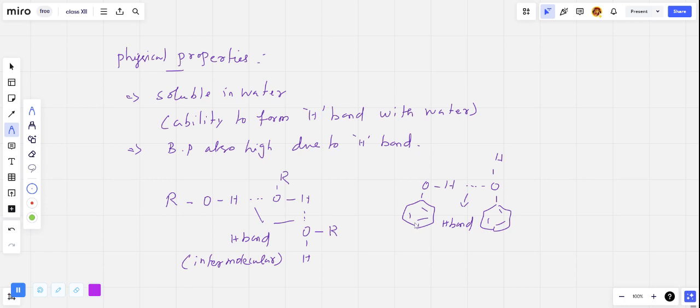So the boiling points of alcohols and phenols are higher compared to other classes of compounds, like hydrocarbons, ethers, haloalkanes and haloarenes of comparable molecular mass. The reason is the intermolecular H bond. If you take ethanol and propane, both have almost the same molecular mass, but ethanol's boiling point will be higher due to this H bond.